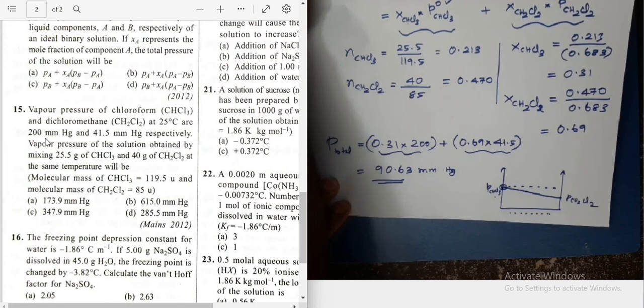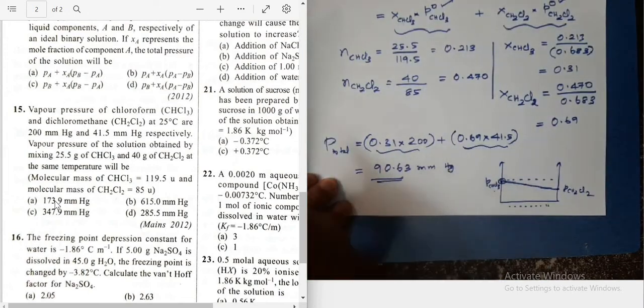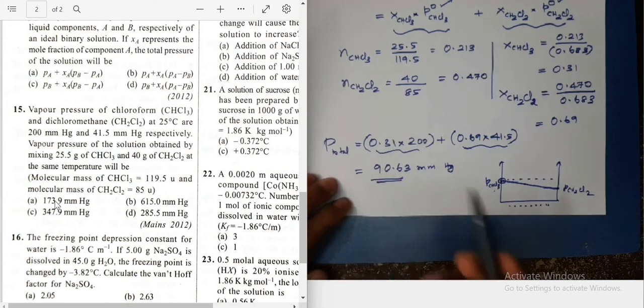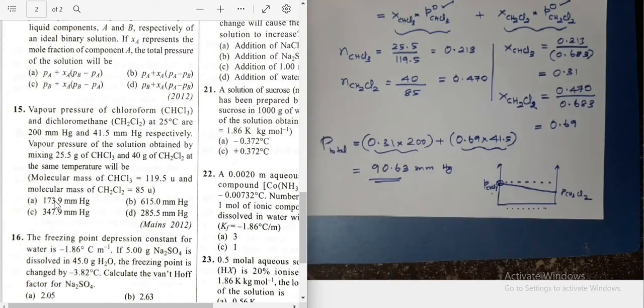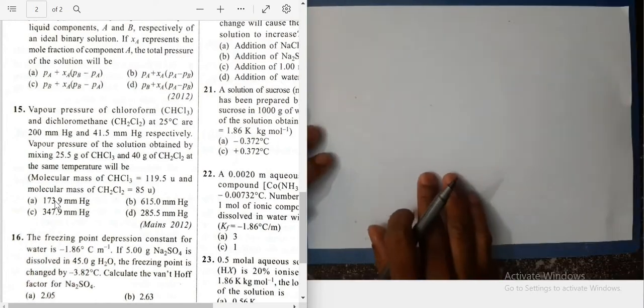Maybe you just check whether, if you multiply these two, you'll get 173.9 or not. I got 90.63. Anyway, you just check it. Is this clear, students? Yes, sir. Good. Then next one, question number 16.